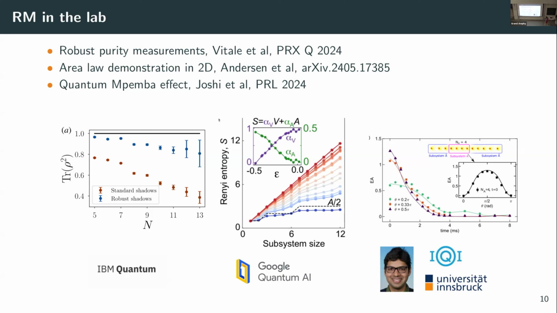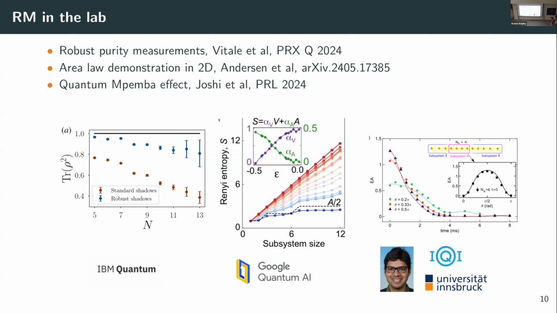You can see here the Rényi entropy as a function of system size. Okay, this is a small system size here, but you see a clear difference when the state is at low temperature versus high temperature. I think it was a nice, unambiguous demonstration of area law in 2D.